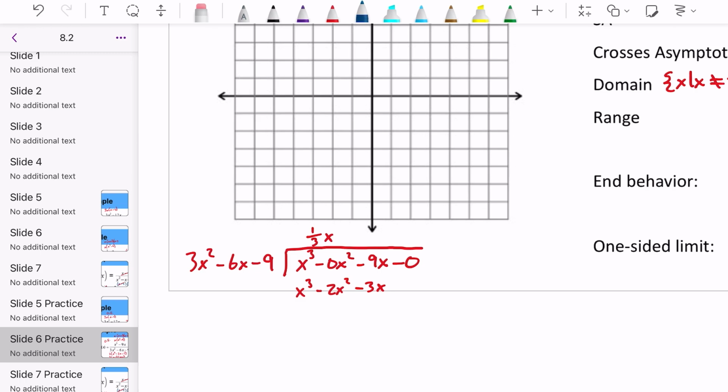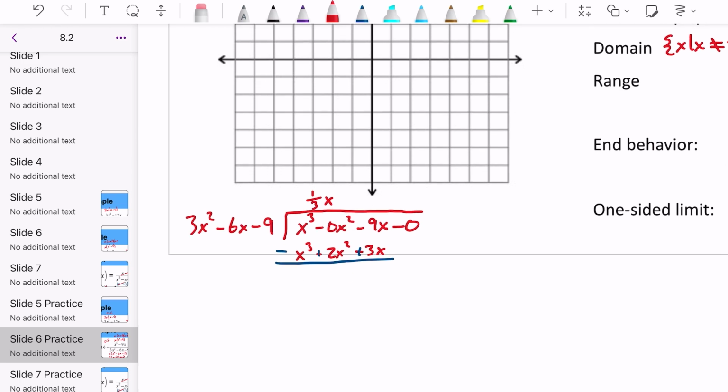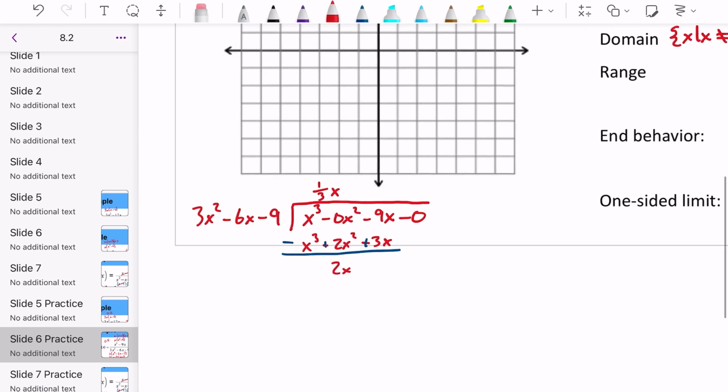Keep in mind, we are simplifying here and we are subtracting. So as we subtract our entire new number, keep in mind, we can distribute the negative, and when that happens, it will change the signs of the remaining numbers. We are left with 2x squared minus 6x minus 0.